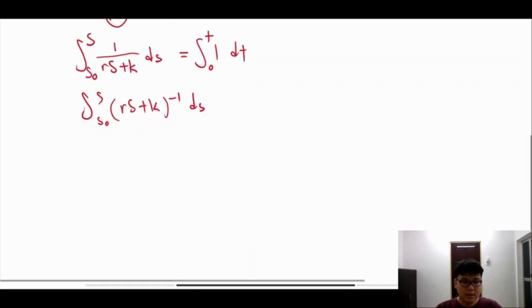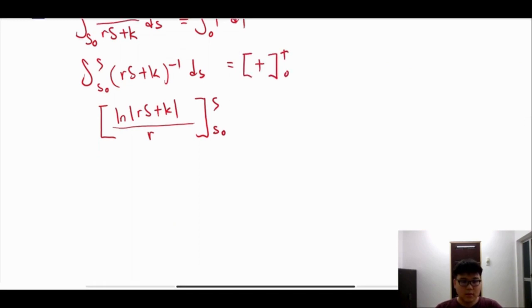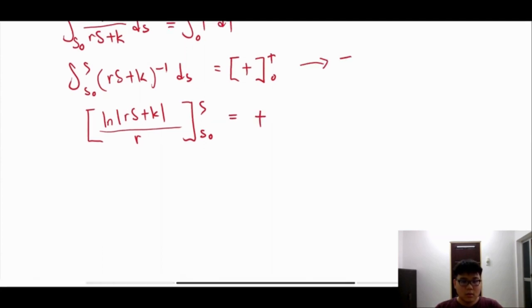Then we can know it will become a ln. For the right-hand side, it is very simple. 1 will become t. And so this will become t minus 0, equal to t.